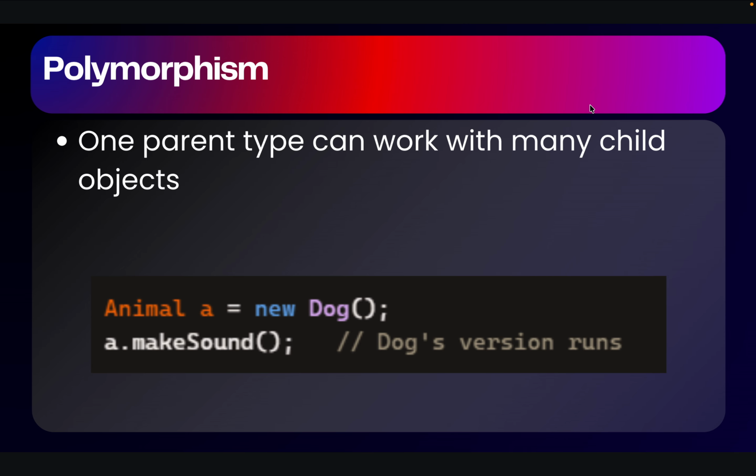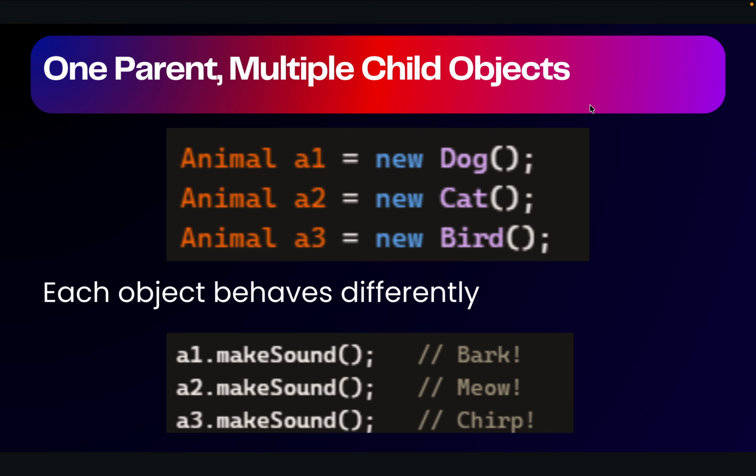You see that we have a parent type, and it can be used with as many child objects, such as cat, dog, monkey, as we need. So you have one parent, multiple child objects. Here is an example of basically what I was just mentioning. You see all of them have the same type of animal, but they all have a different object or connect to a different class: dog, cat, bird.